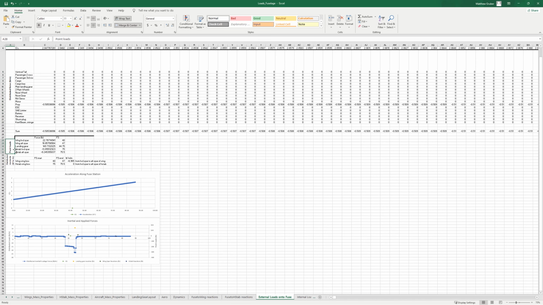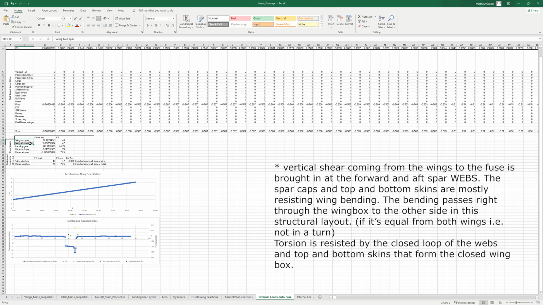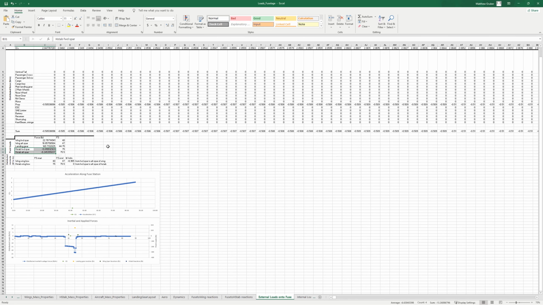Now we also have point loads, which is in terms of shear, it's from the wing forward spar and the aft spar. Those are calculated at the wing reactions and just flipped in sign. We have it from the landing gear where it attaches to the fuse, and we have from the HStab.